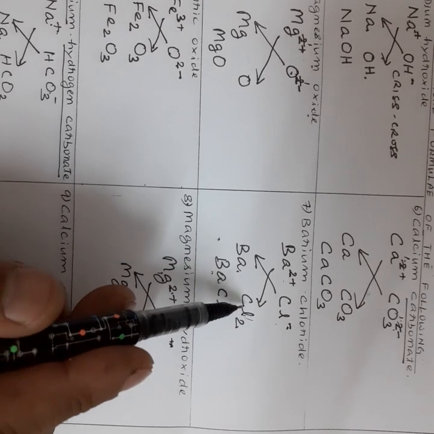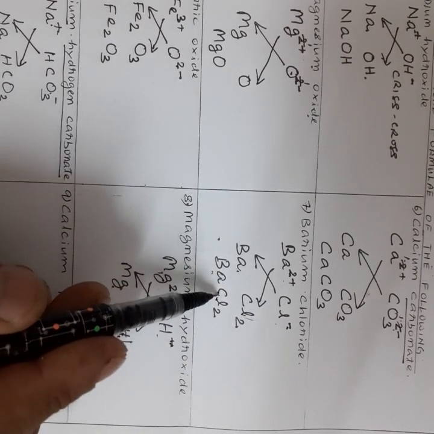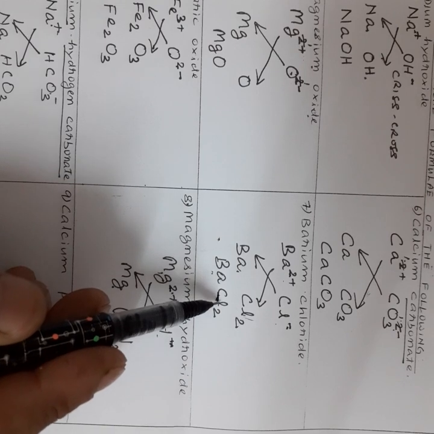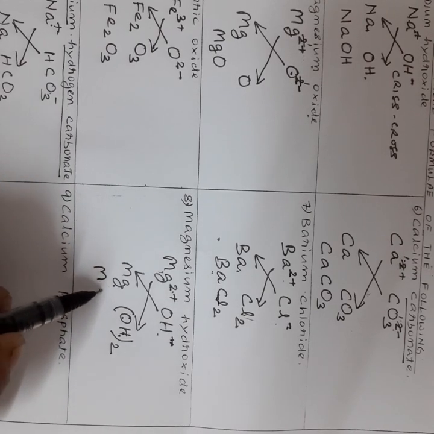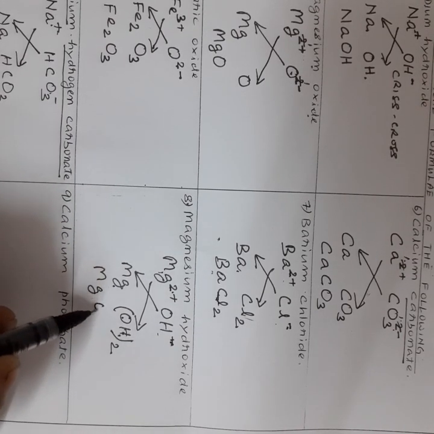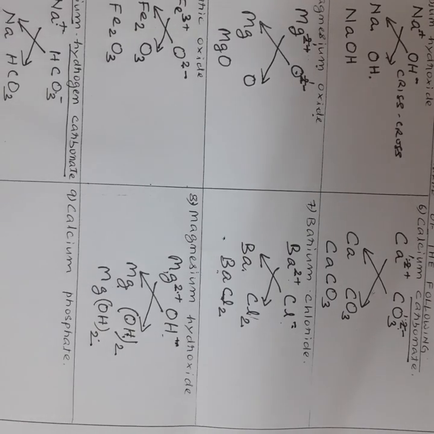Therefore, we had to put the bracket here. Here Cl we didn't put because Cl is not a compound ion, simple, because it contains only one type of atom, chlorine atom Cl. Okay, so the formula of magnesium hydroxide is Mg(OH) whole thing 2. So that is the difference between simple and compound ion, how we do the formula.